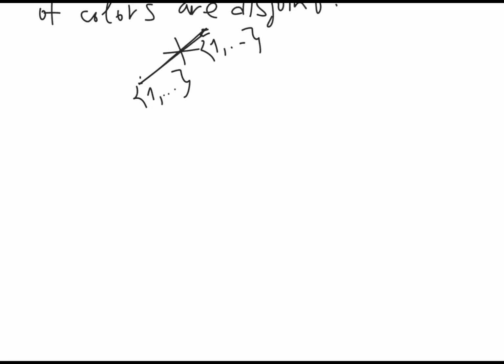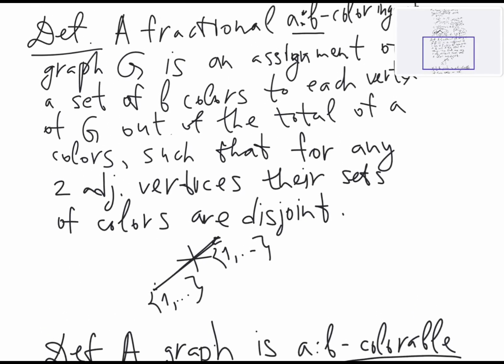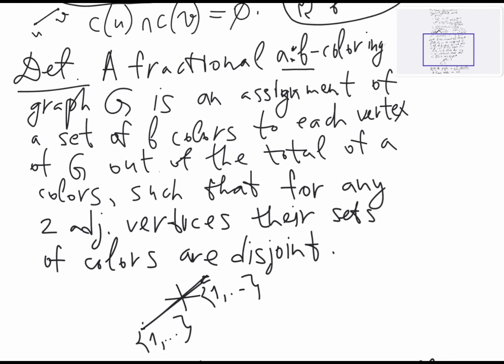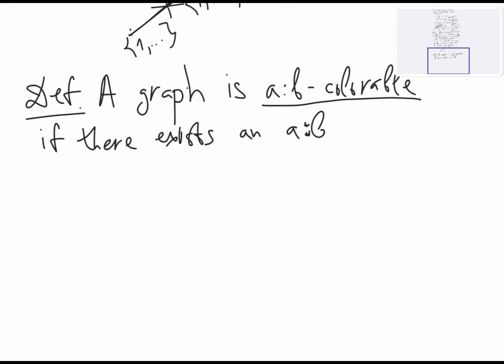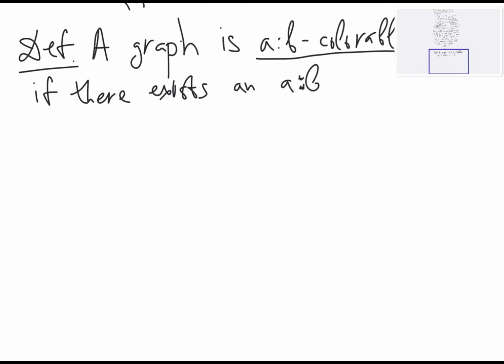Like the word fractional can sometimes be omitted. So we can say fractional A colon B coloring or just A colon B coloring. When we say the parameters A colon B, it's already clear that we are talking about a fractional coloring. So the word fractional sometimes we will omit.